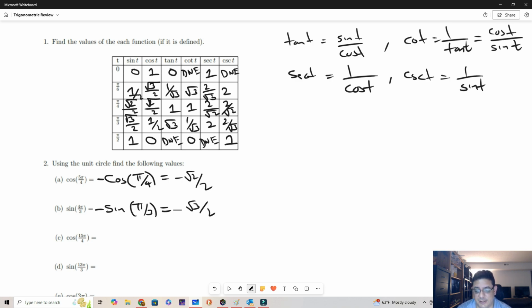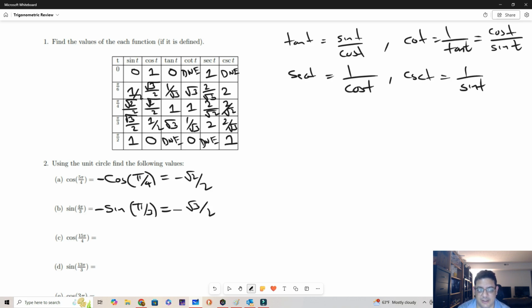Cosine of 15 pi over 4. Notice that if we have 16 pi over 4, 16 pi over 4 will be 4 pi. So this will be close to 2 turns around.